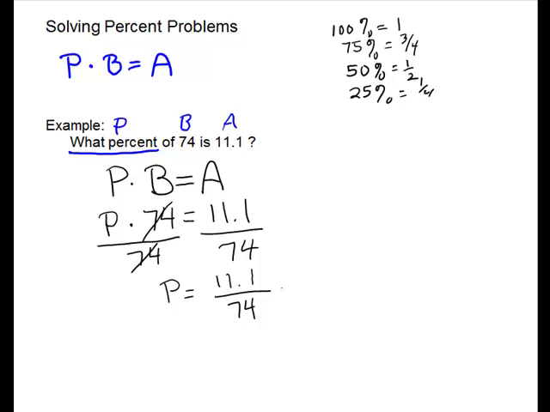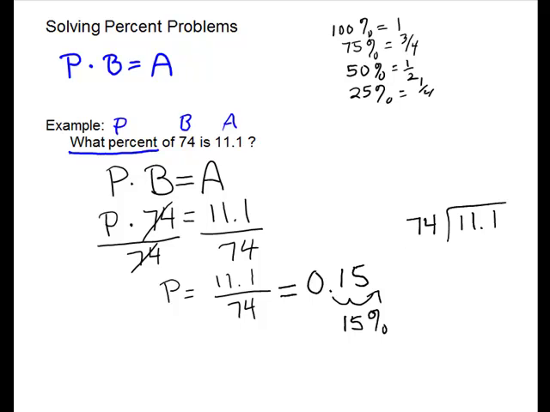A calculator would give us 0.15 for this, and we would move the decimal 2 places to the right and add the percent symbol. Let's do it real quick by hand. If you're just changing it to a decimal first, 74 into 11.1.